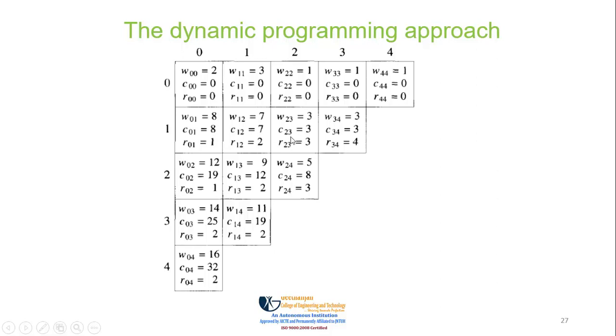A1, A2, A3, A4. Now you have constructed trees with exactly two nodes, that is C of 0 comma 2, 1 comma 3 and 2 comma 4. Now you computed exactly three nodes, that is 0 comma 3 and 1 comma 4. Now finally you constructed the whole tree, that is 0 comma 4, which contains exactly 4 nodes.